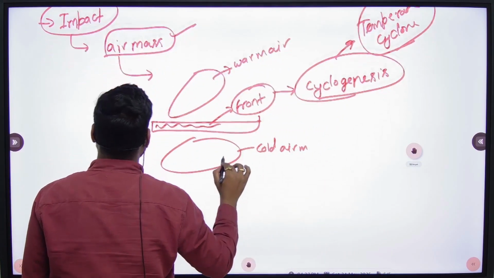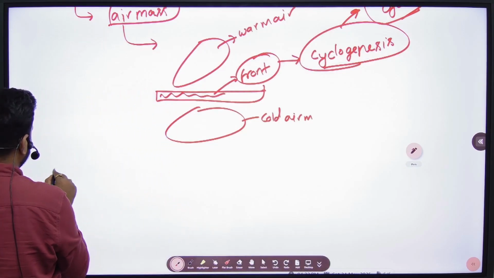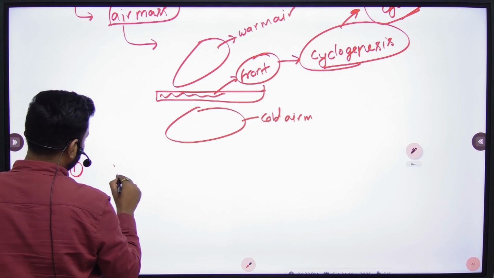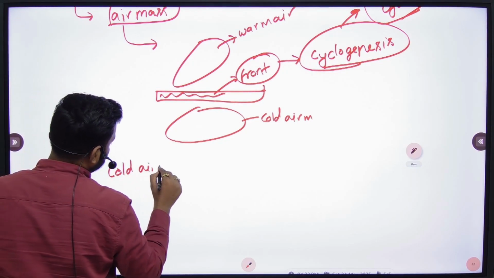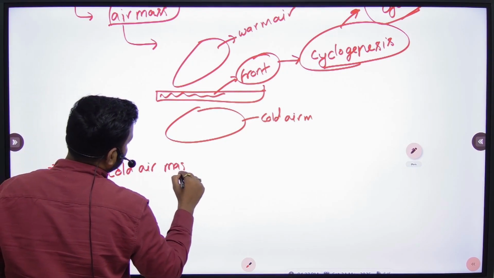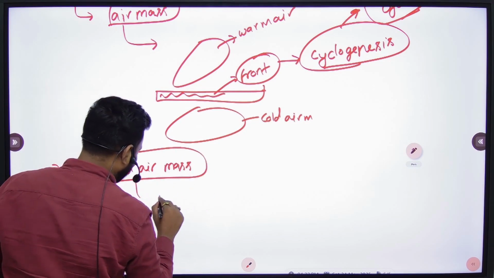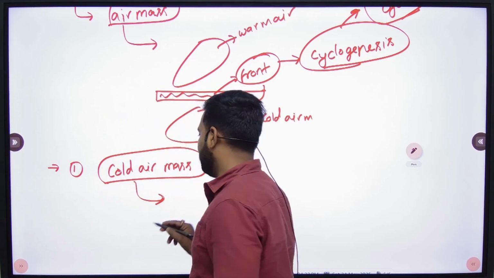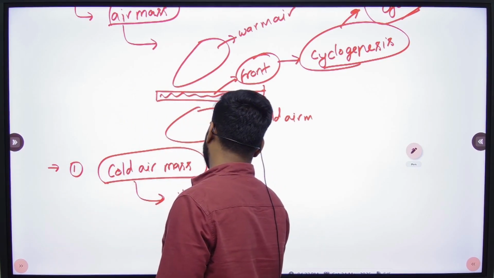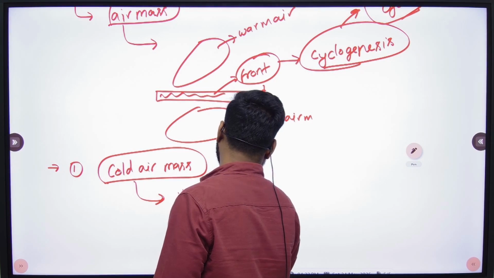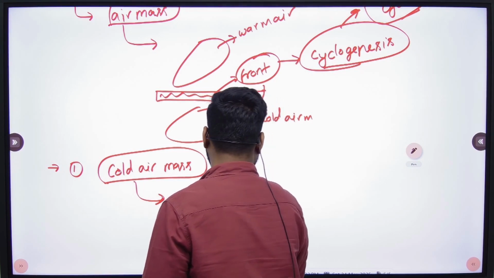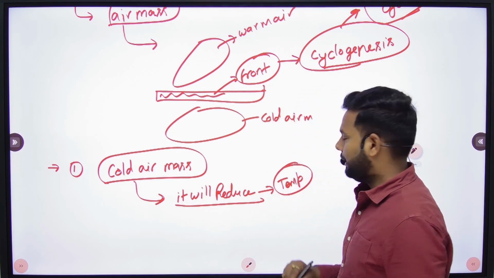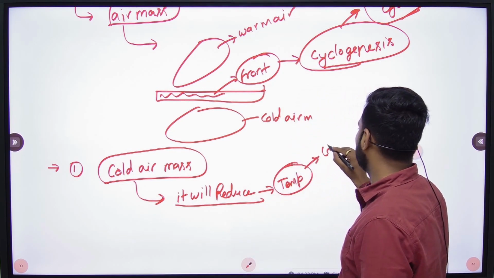The second impact of air mass is when the cold air mass moves and subsides for a longer time at any particular place, it will reduce the temperature of that location, and it leads to the condition of cold waves.